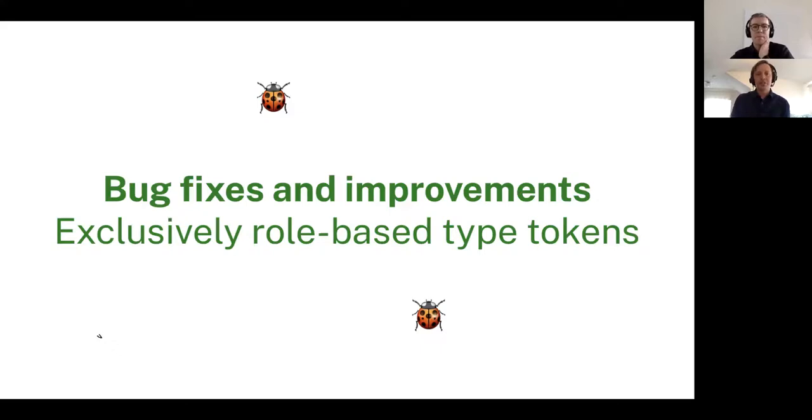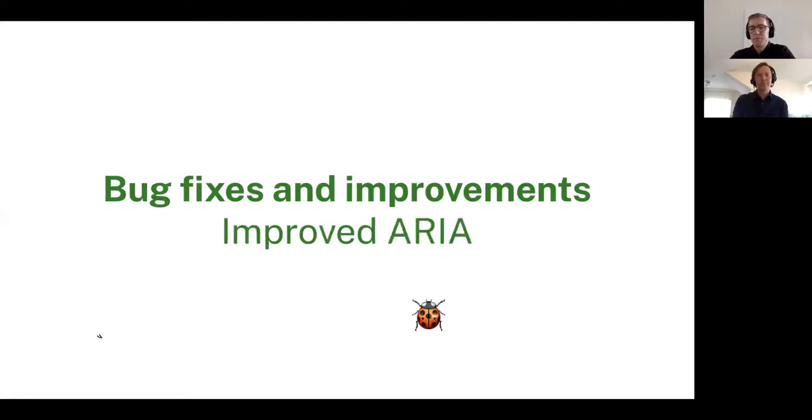We wanted to make sure that we were only using these body and heading role-based tokens. So we weren't using anything in code that said this is exclusively the serif typeface, because some projects might not use a serif typeface, or they might not use a sans serif typeface. They might only use one. So we're just making sure that the code works for anyone, regardless of how you have your settings established.